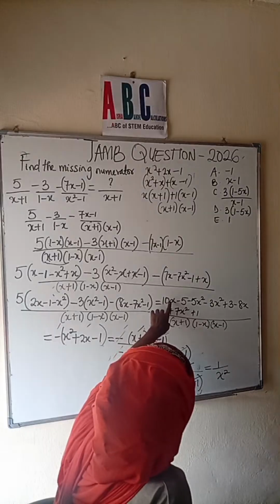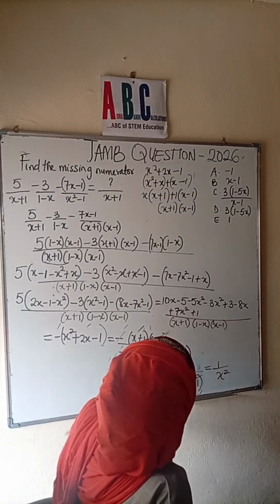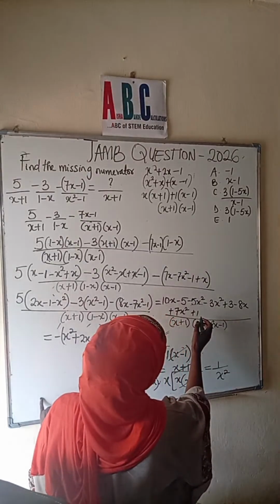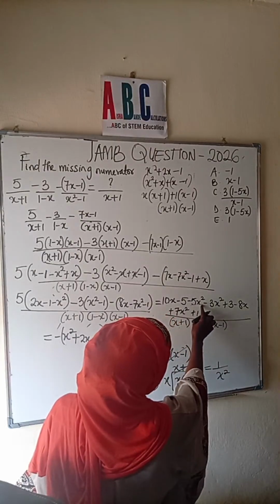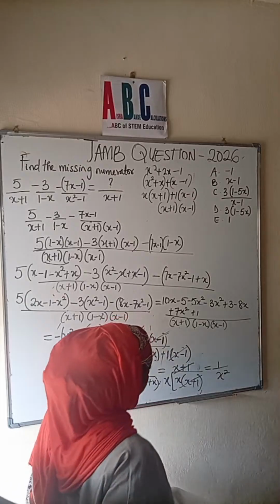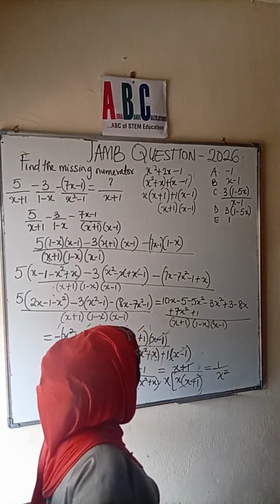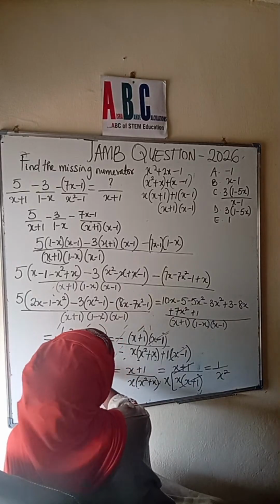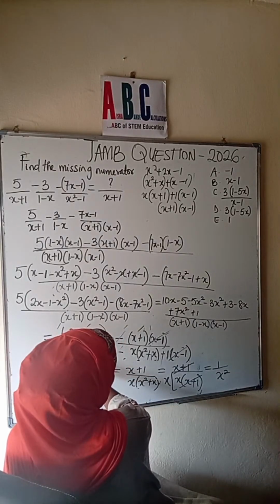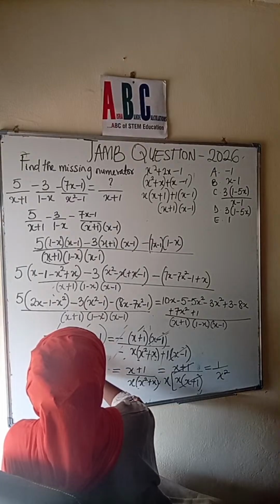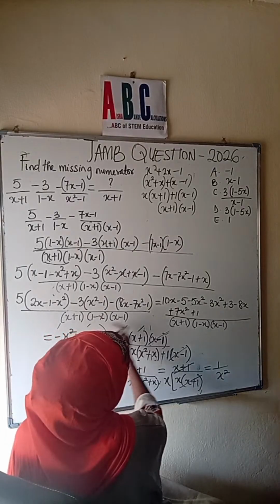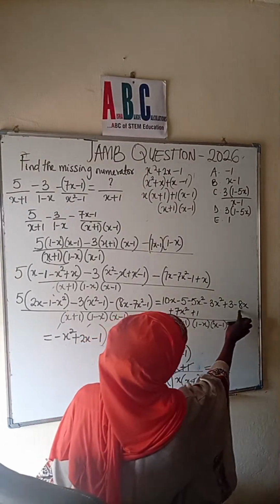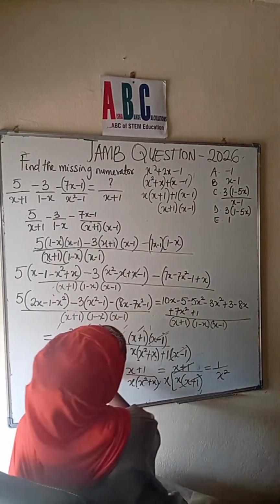So this now becomes what? For the values of x squared, we have minus 5x squared, minus 3x squared, which is minus 8x squared, right? Minus 8x squared plus 7x squared gives minus x squared. Now let's check for the values of x. 10x minus 8x is 2x.